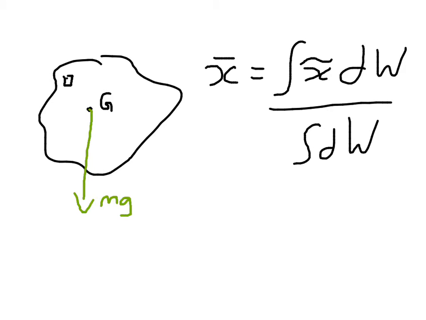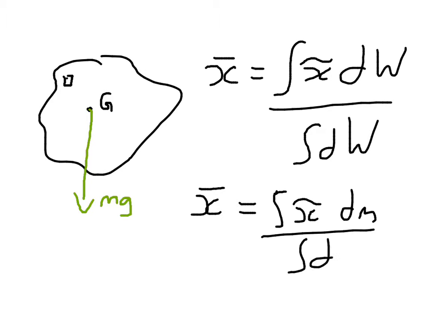And if we replace our w's with m's, so for instance finding the x-coordinate of the centre of mass, which will be the centre of the shape's weight as well. To find the centre of mass, we do exactly the same thing, apart from we're using dm instead of dw.